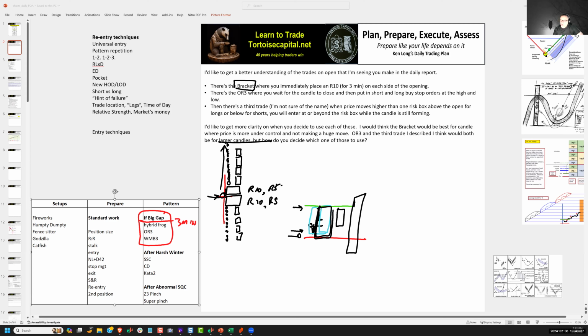But if the opening range 3 was bigger than the R10, I actually like that, because now what I'm going to do is, in the next set of bars, whenever that thing breaks out, I'm going to be long, and I'm going to probably use the R10.